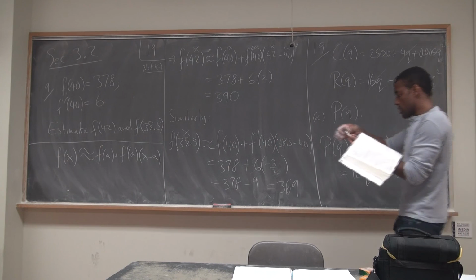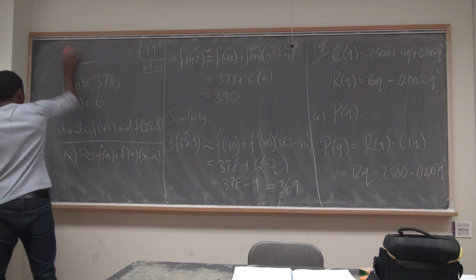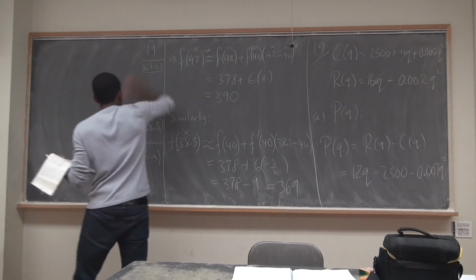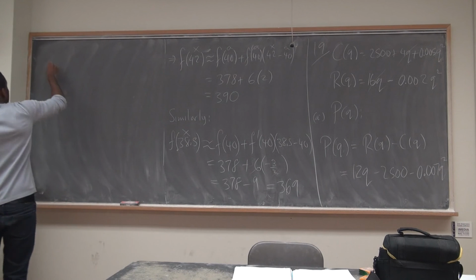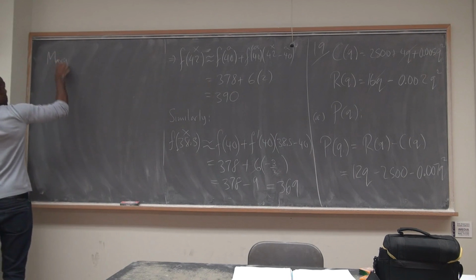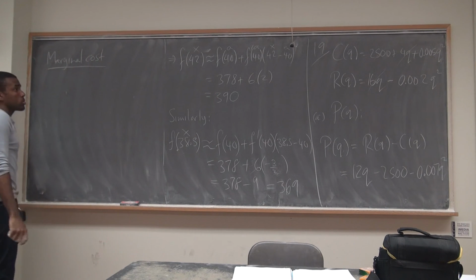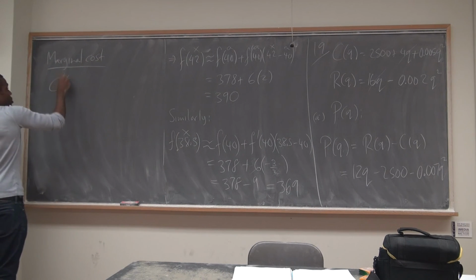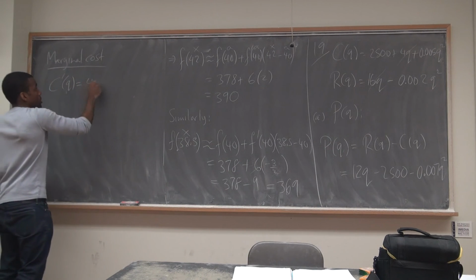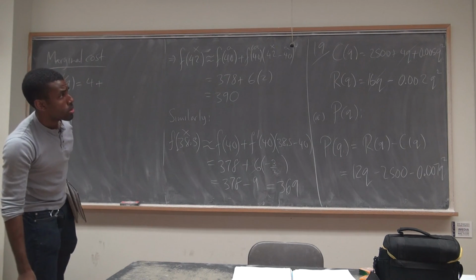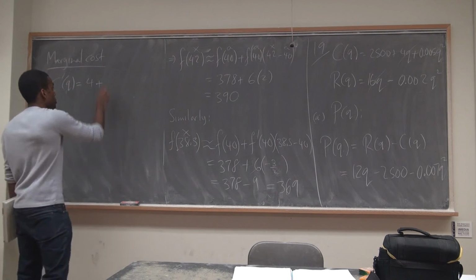It says find the marginal cost function and the marginal revenue function. So if I ask for a marginal cost, what is that? The derivative. Right, marginal cost is just the derivative of the cost function, which is going to be what here? 4 plus 0.005 times 2, which is what, 0.01?